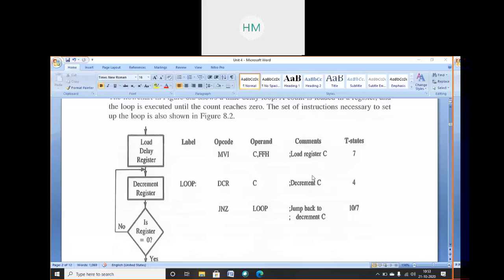Value of counter. Is it mentioned in the program or not? Is it a 16-bit counter or 8-bit counter? Yes, Vishwendra, Aditya, Vishal. Please answer.